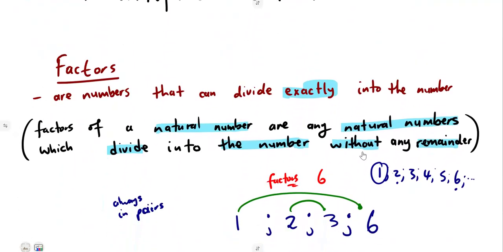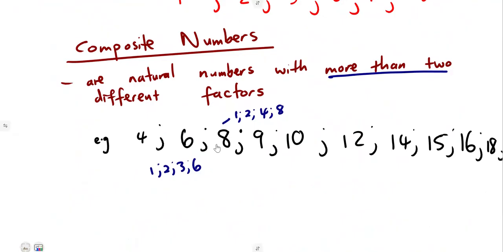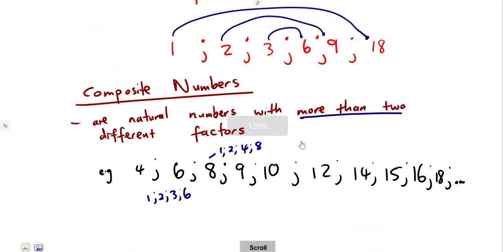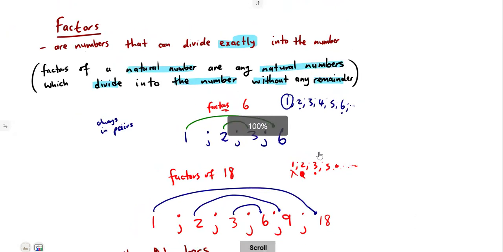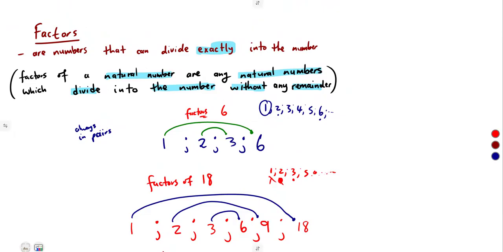So factors, let us have multiples. So multiples, all right. I want to explain this one where we have factors so that you can understand what is happening when I'm referring to a multiple. So I'm going to explain multiples on the other hand.